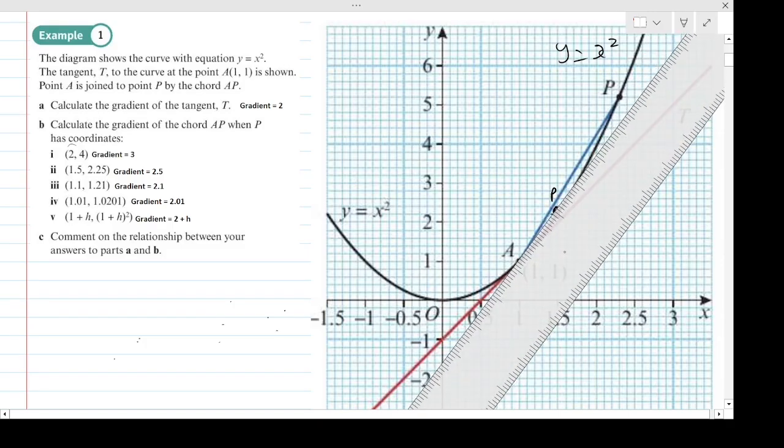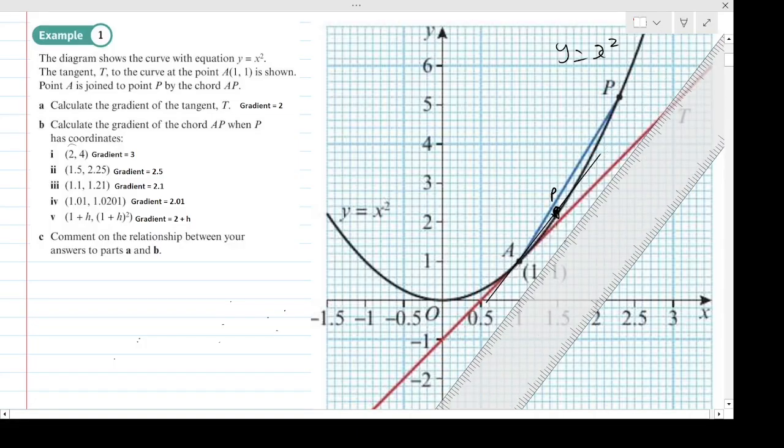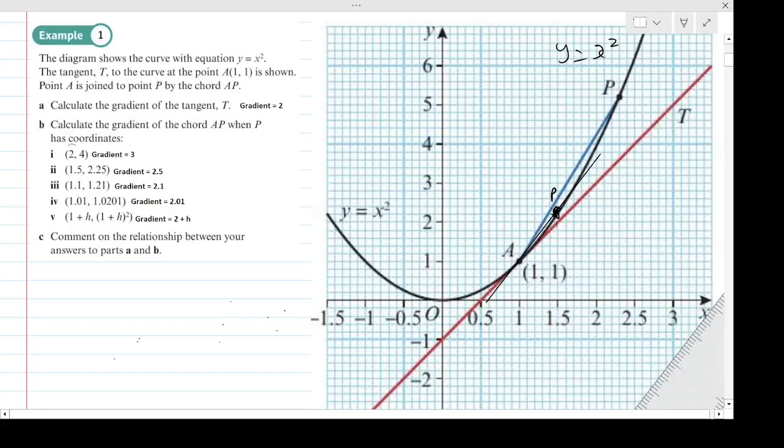So hopefully you notice I had to change the position of my line, and that would be my new line from A to P, when P is 1.5.